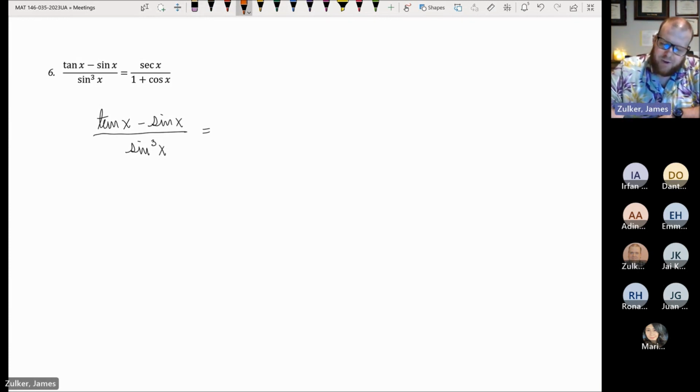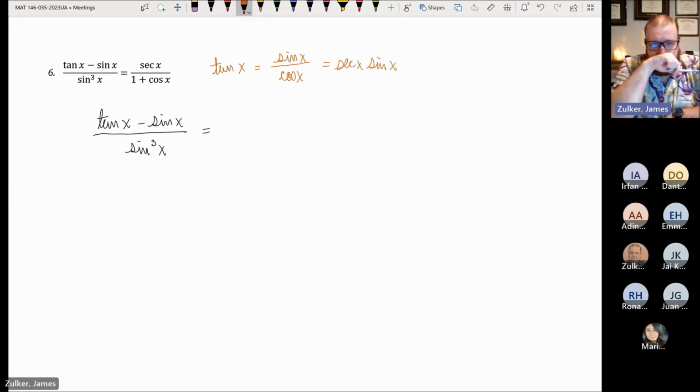All right, so as a note, tangent. We know that is sine over cosine, right? But 1 over cosine is secant. So we can also write tangent as secant times sine.